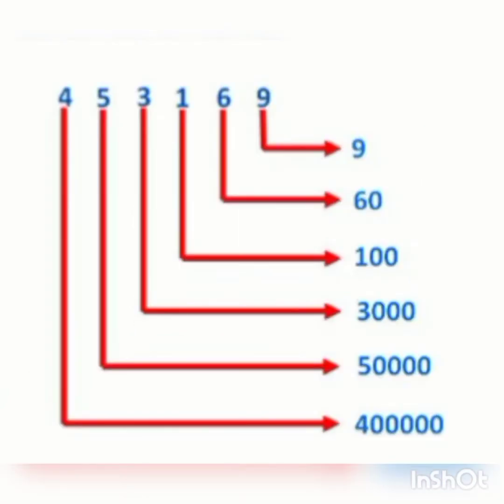Hence we can see that here is an example of place value, that is 4,53,169, and we can see that the place value of 9 is ones and place value of 6 is tens, place value of 1 is hundreds, place value of 3 is thousands, place value of 5 is 10,000 and place value of 4 is lakh. According to their place values, ones, tens, hundreds, thousand, 10,000 and lakh, the zeros are mentioned.